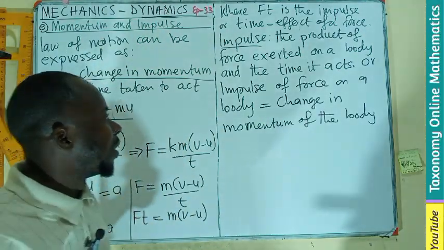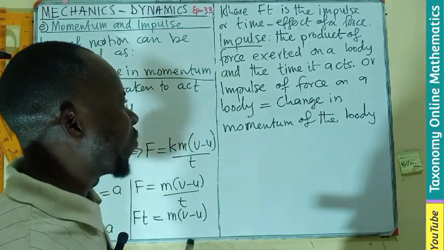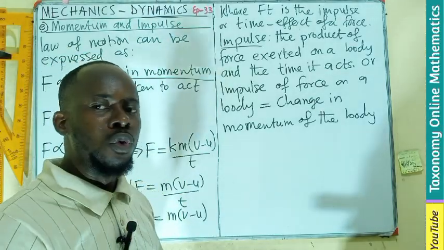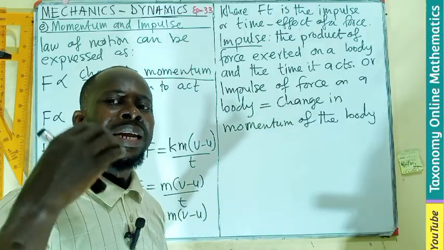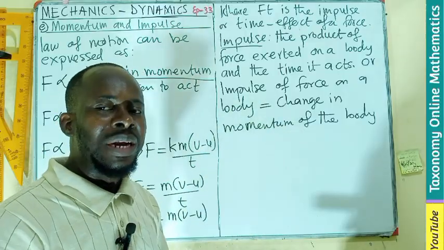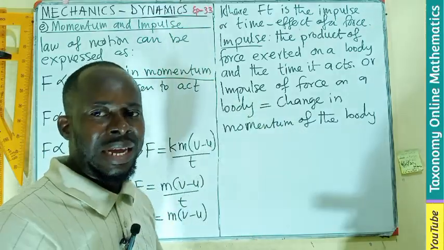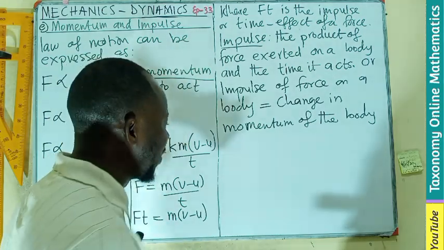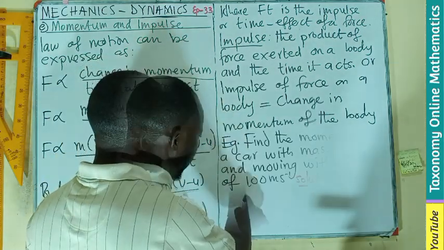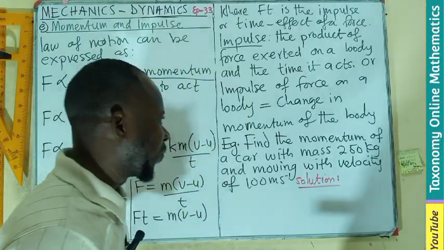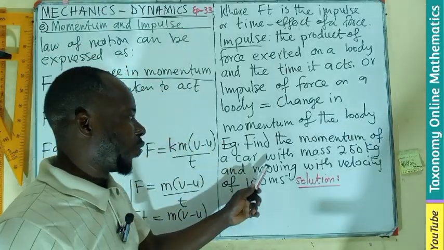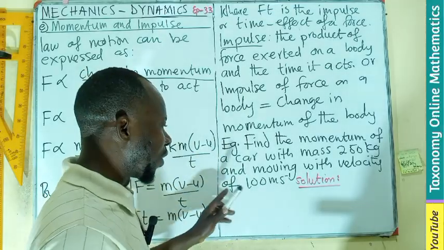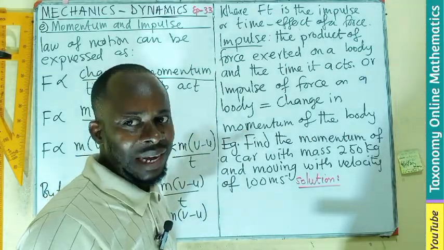Now, if we are asked to find the momentum of any body, all we need to know is the mass of the body and the velocity. We multiply them together, then we get that particular momentum. Let's see, for example, we have to find the momentum of a car with a mass of 250 kg moving with a velocity of 100 meters per second.